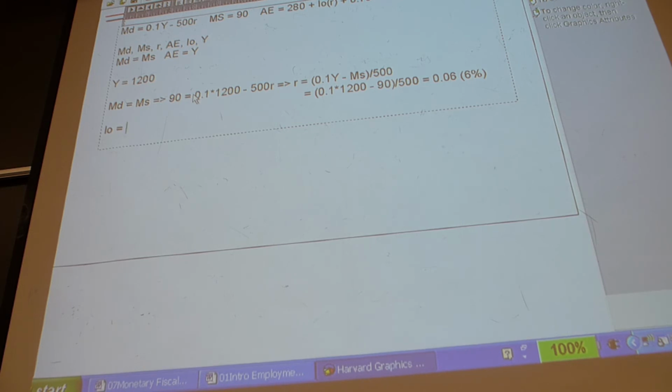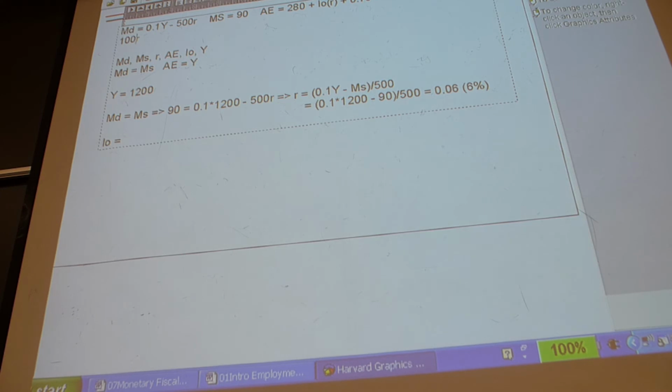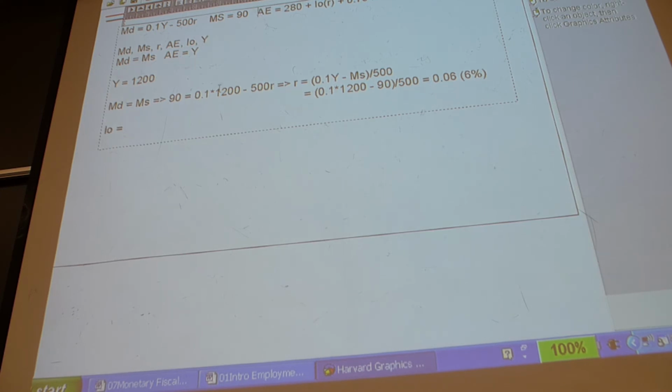This doesn't take a week to figure out, surely. Oh, wait a minute. Maybe this shouldn't be 10, it should be 100, sorry. That's 100R. IO equals 26 minus 100 times 0.06. And our number is 20.